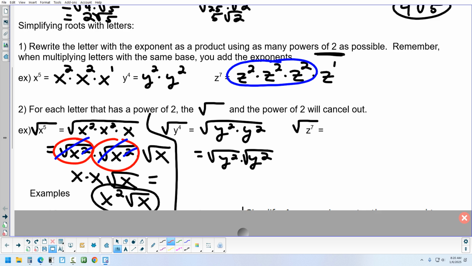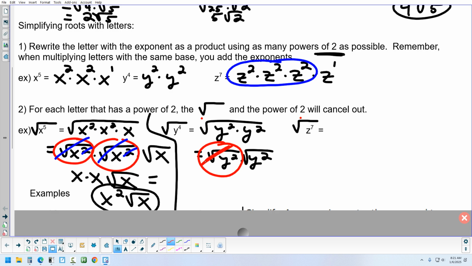So does anything cancel in this first one? The 2 and the... the y is going to stay, but the 2 and the... What's going to cancel with that 2? Yeah, the square root. The square root and the power of 2 cancel out.